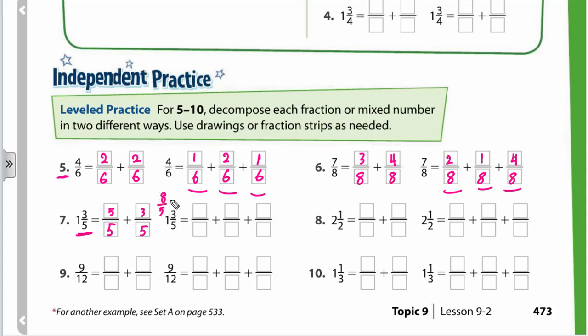Right? Let's break the 8/5 into 3 fractions. Go ahead. 2/5. Yes, fifths. 2/5, and 2/5 again.